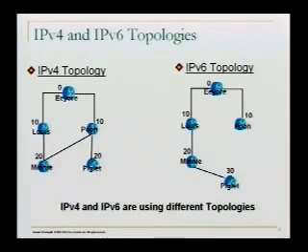If I change some metrics, then I can force the traffic to go where the link between the two routers is not being used for IPv6. This is just an example to illustrate that you can share the load across the links with multiple topologies.